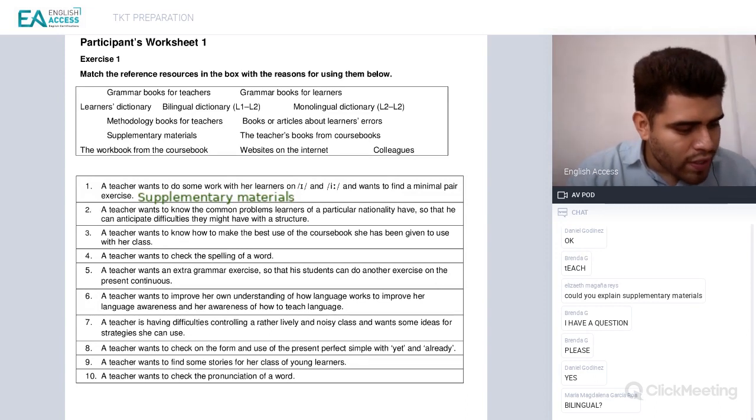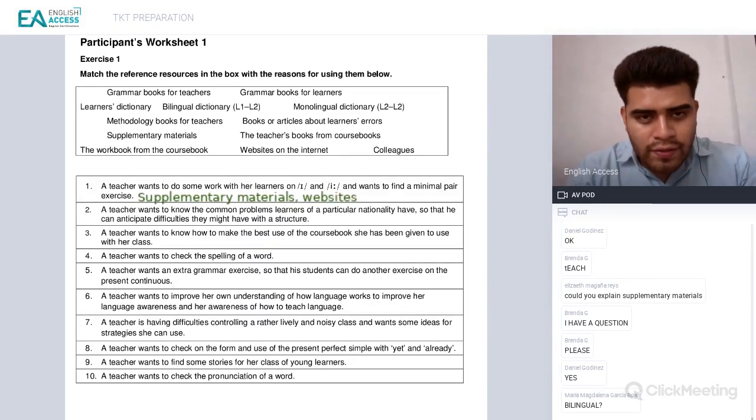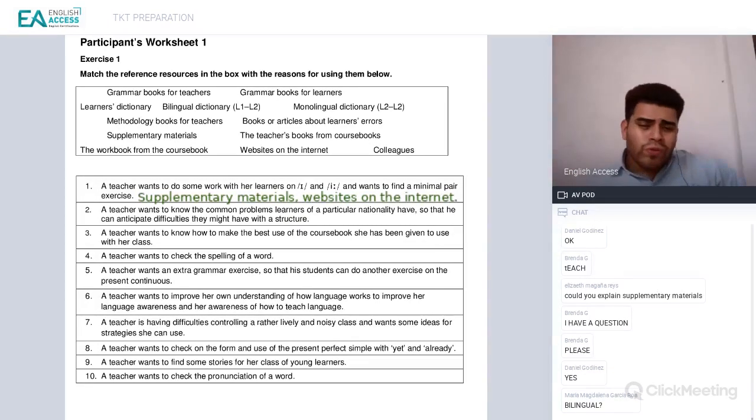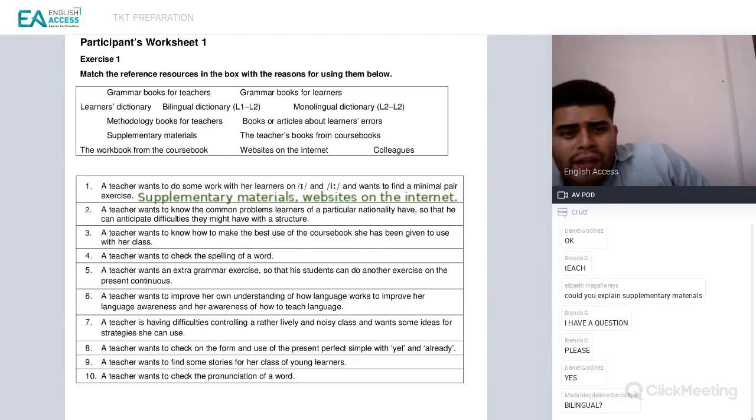Supplementary materials and websites on the internet. Do bilingual dictionaries have the minimal pairs inside of them?